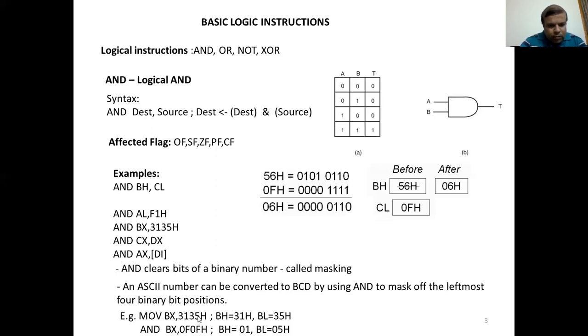We will move the ASCII of 5, which is 35, and the ASCII of 1, which is 31, into the BX register using the MOV instruction: MOV BX, 3135. As you know, BX is divided into BH and BL, which are 8-bit registers. So now BH holds 31H and BL holds 35H.